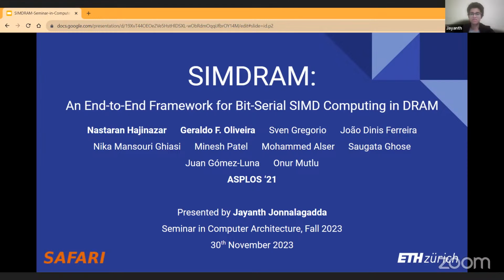Then we'll discuss the SIMDRAM framework, its technical details, its system integration, and the methodology: how SIMDRAM is simulated and tested, and on what workloads. Then we'll look at the results that SIMDRAM offers, and then we'll go into the paper analysis and discussion.